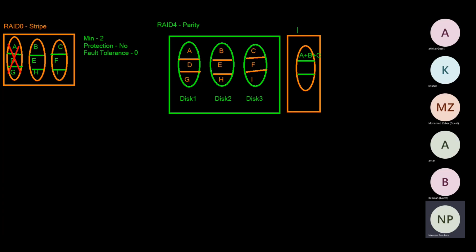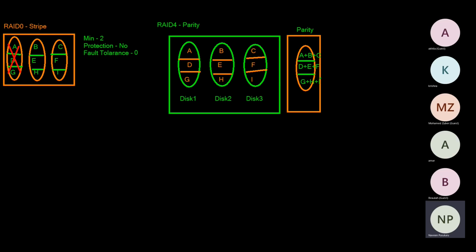We'll call this the parity disk. The same way in the second stripe we have D, E, F, so in the parity disk's second stripe we'll have D plus E plus F. Same thing here, G plus H plus I, like that.